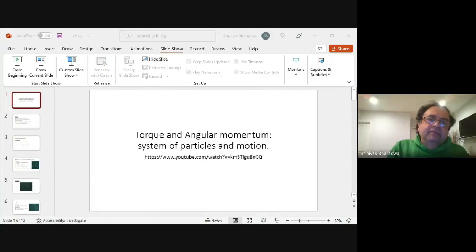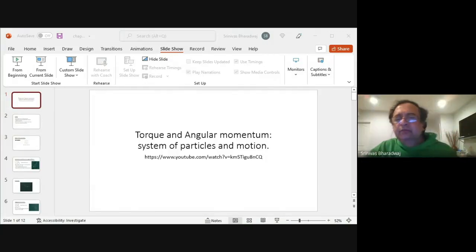And let's say it had come down here, then its torque about that point is also still r cross mg. The r changes, but the angle also changes. Therefore you end up with the same torque. So the torque stays constant.